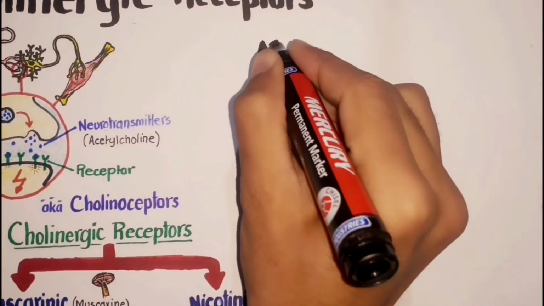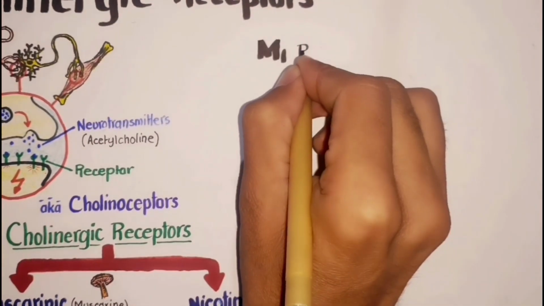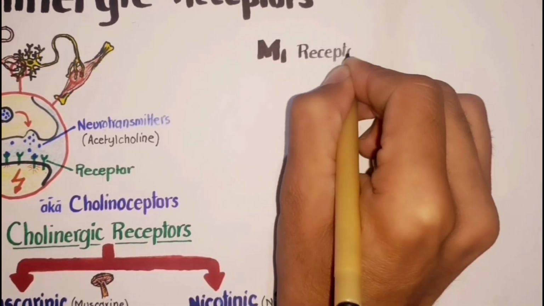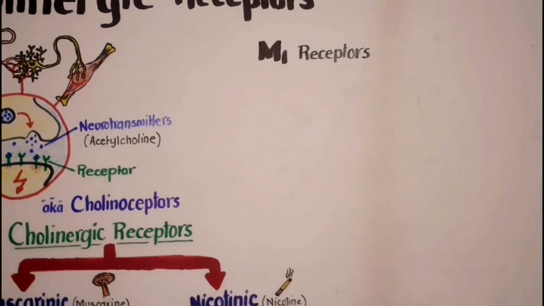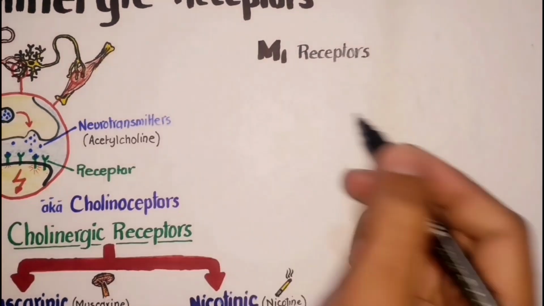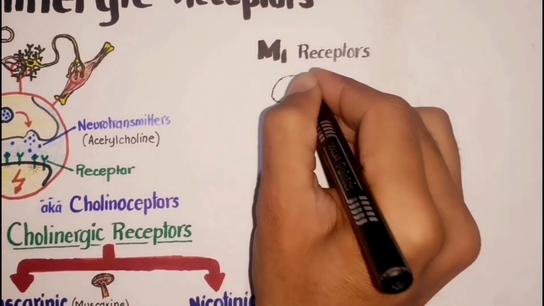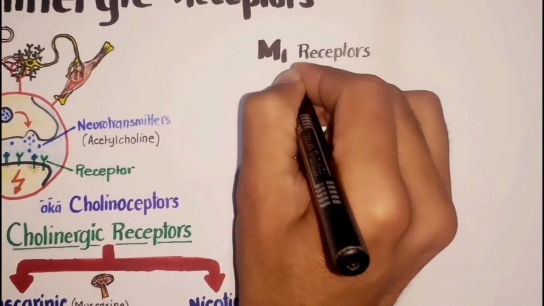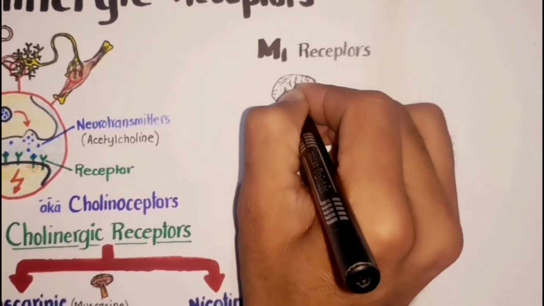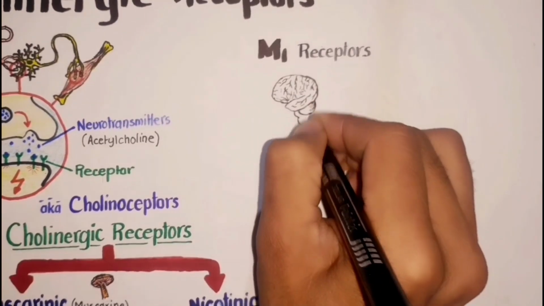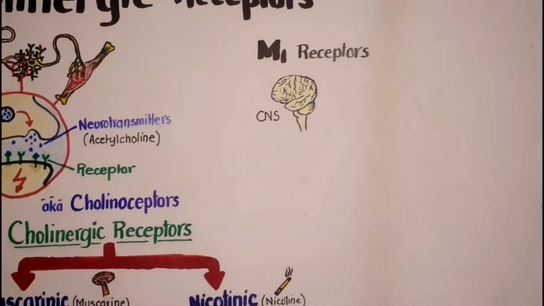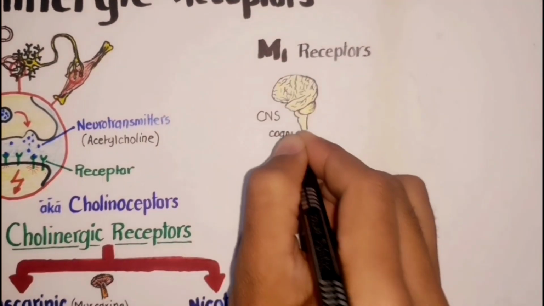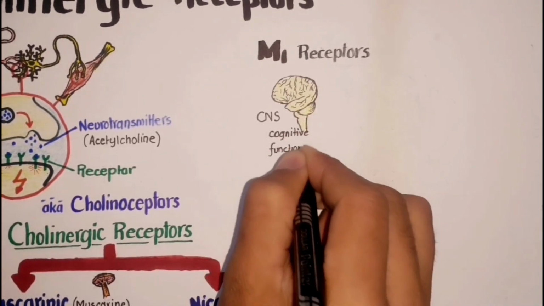So, first, let's talk about the M1 muscarinic receptors. Well, these receptors are present in the nervous system as well as on some of the autonomic effectors. Like, these receptors are present in the CNS where they are concerned with cognitive functions.